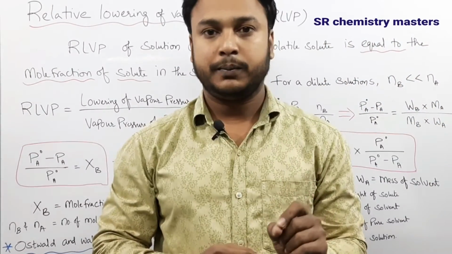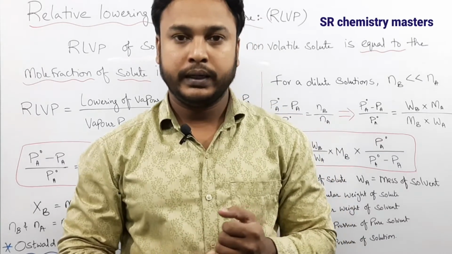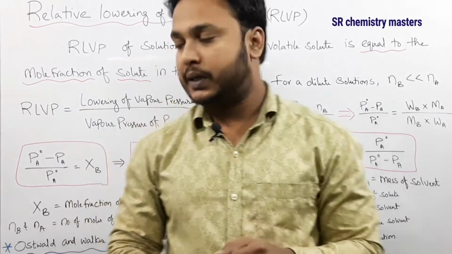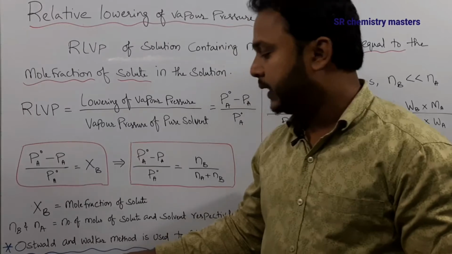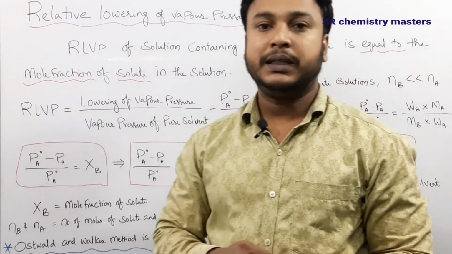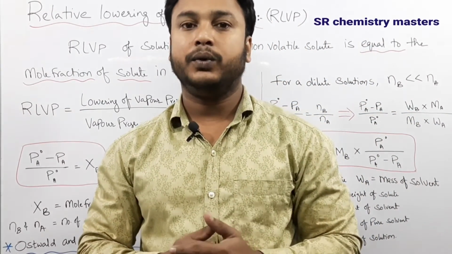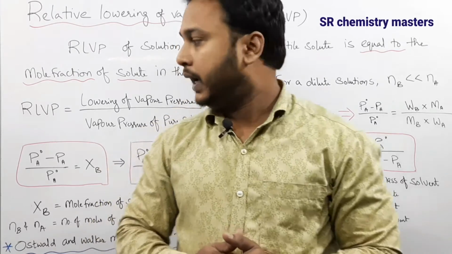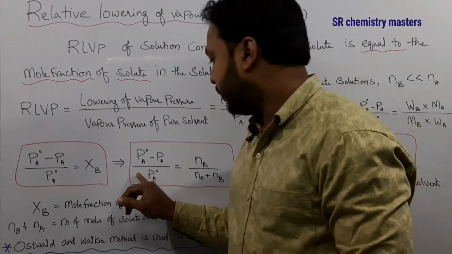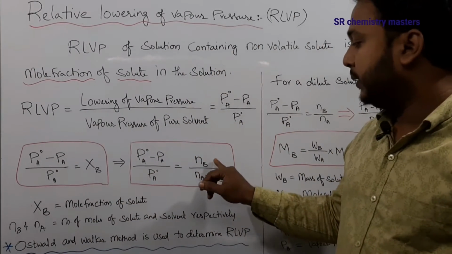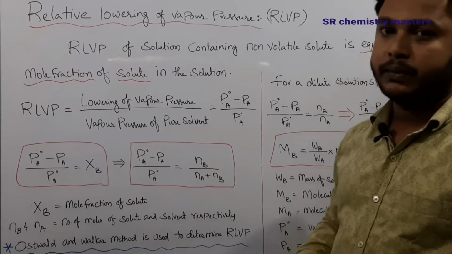In order to determine the relative lowering of vapor pressure, we are going to use Ostwald and Walker's method. This method is used to determine relative lowering of vapor pressure. As we know, relative lowering of vapor pressure is equal to NB by NA plus NB.